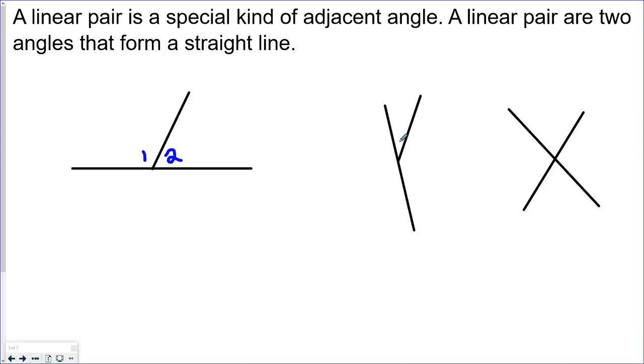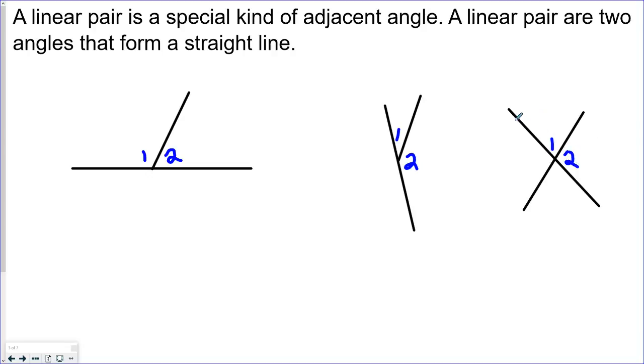So in this picture here, we have a sort of funky Y shape. Angle 1 and angle 2 are still a linear pair because angle 1 right here, its base forms a straight line with angle 2, with its base right here, a nice straight solid line. And same thing over here, this actually shows both vertical angles and linear pairs, right? Because there's an angle 1 here and an angle 2 here.